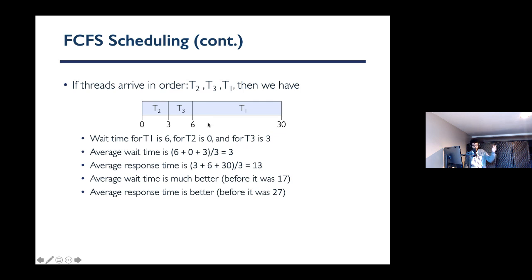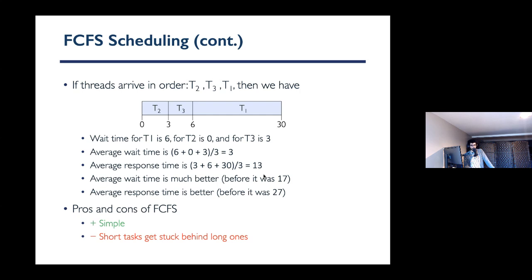So here we reduce the wait time and the response time. The average wait time decreased from 17 to 3, and average response time from 27 to 13. That's kind of like half waiting time. More than 50% improvement by just reordering.